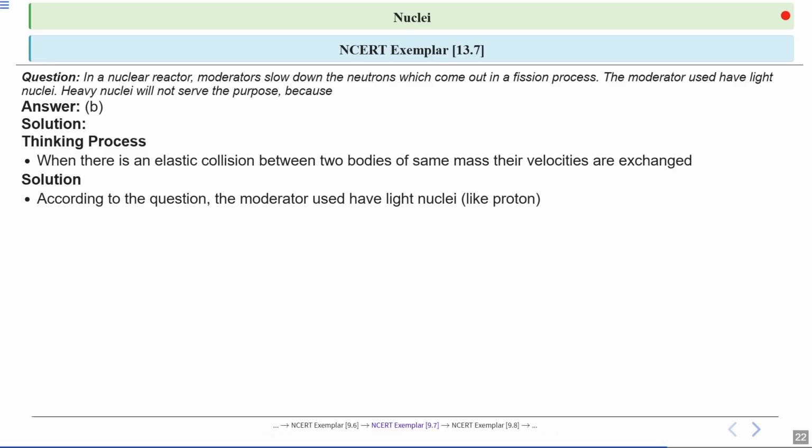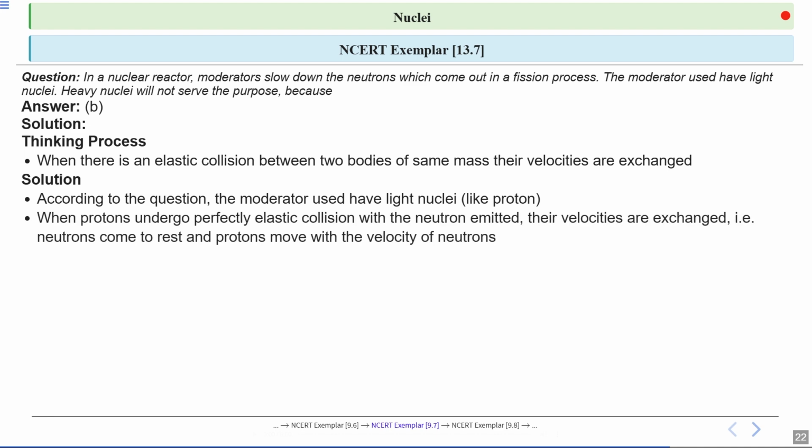In a nuclear reactor, light nuclei like protons slow down neutrons via elastic collisions. In elastic collisions, neutrons transfer all their energy to lighter nuclei and their velocities get exchanged. That is, neutrons come to rest and protons move with the velocities of the neutrons.